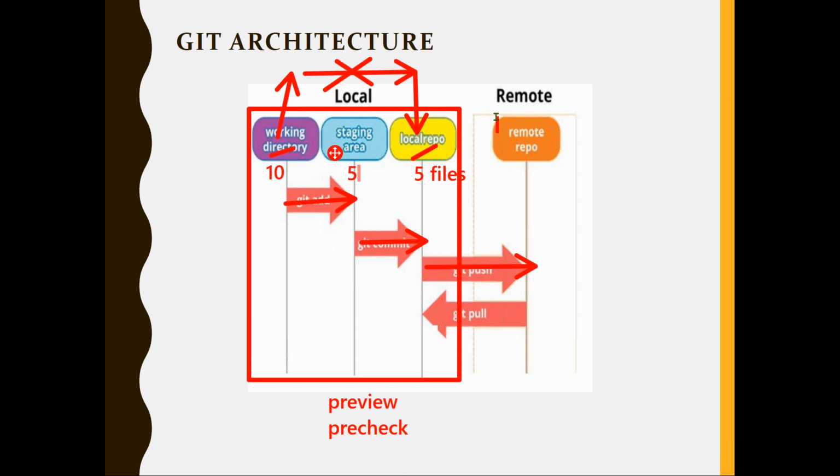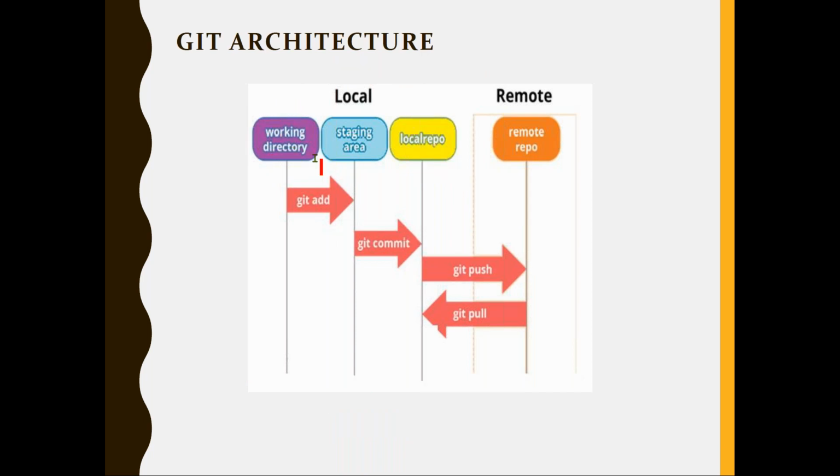Only once you push them to remote can others see them. So: from working directory to staging area, from staging area to local, from local to remote. What commit, add and push are, we'll learn those commands, but this is the concept. This is called the Git tree. Am I clear? Any questions?